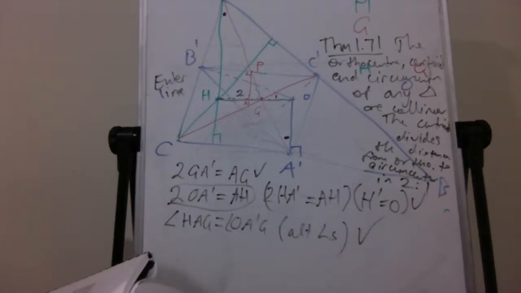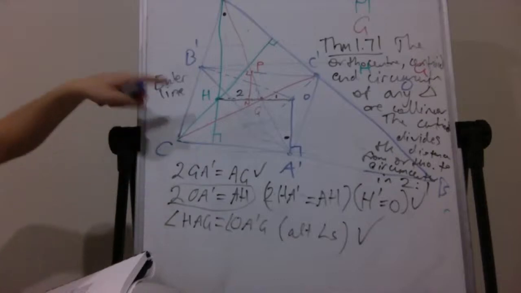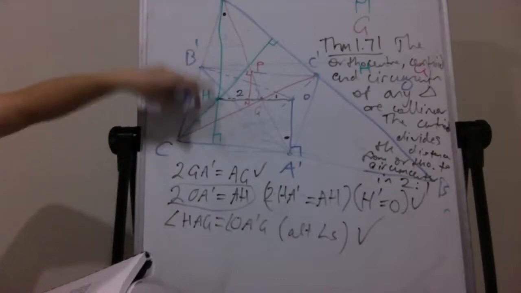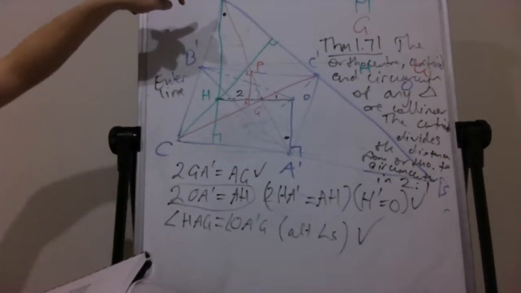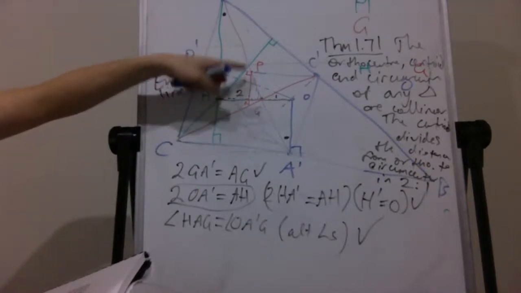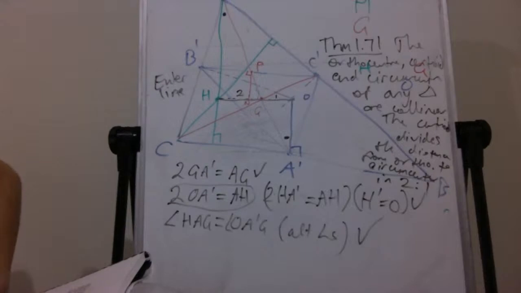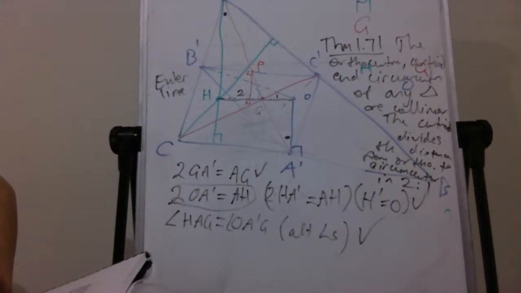The three lines AH, PN, and A prime O. So AH is that one, PN, then A prime O, yep. Are they going to say they're all parallel? They should be.